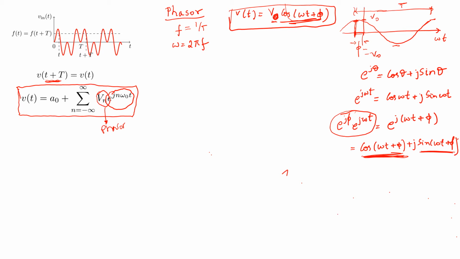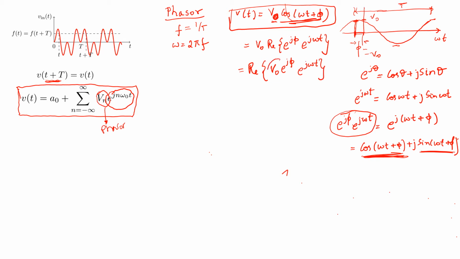Now, meaning that I can write this expression as V naught times the real part of e power j phi times e power j omega t. And V naught being a real number, it doesn't matter whether it is outside or inside the real part. I can always bring it in and write it as the real part of V naught e power j phi e power j omega t.